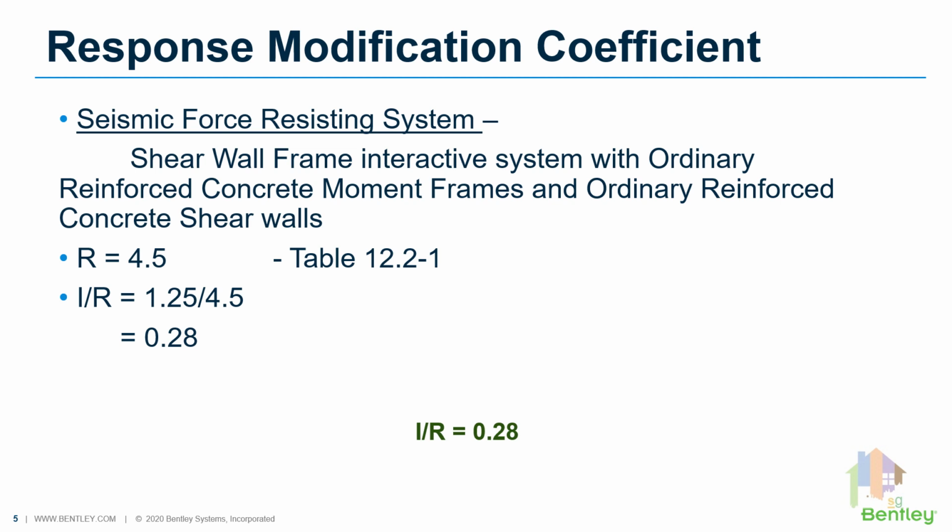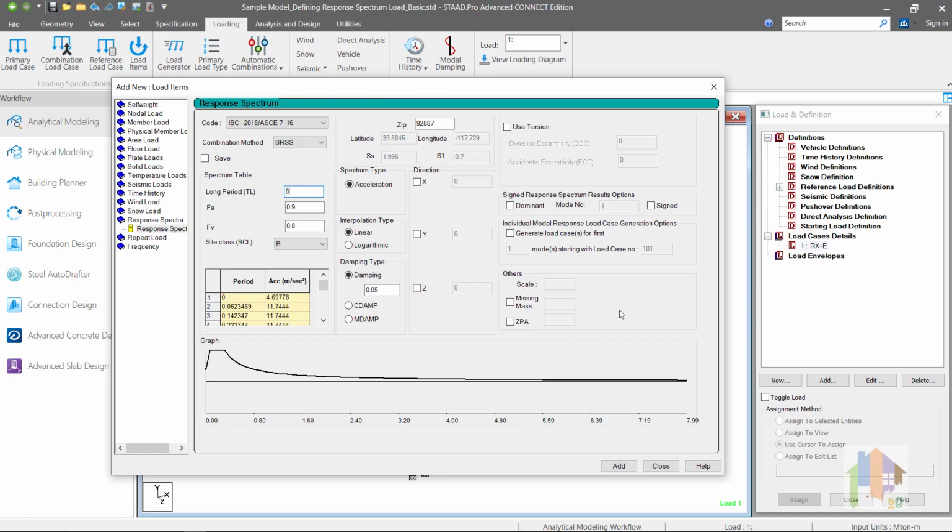So the I by R value in either direction comes as 0.28. We need to specify this value as direction factor in both X and Z direction. We will consider only positive factor as negative directional load will be considered in the load combination cases.